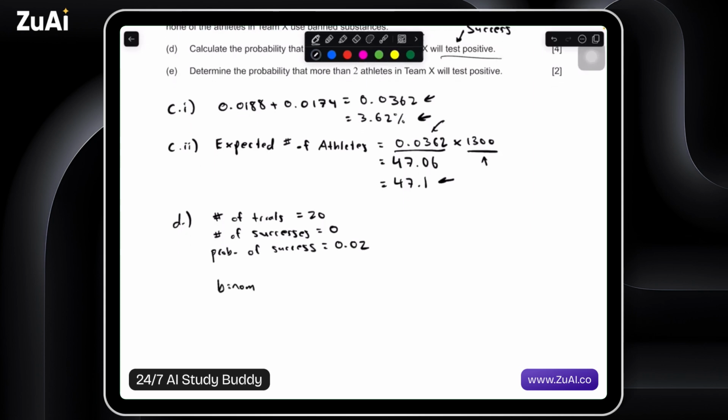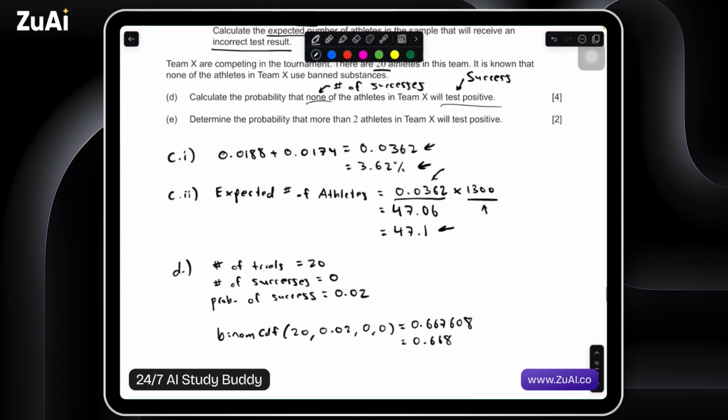So binom CDF, and we have 20 trials, probability of success 0.02, lower and upper bound 0, 0, and the result of that is equal to 0.667608, or 0.668. Okay.